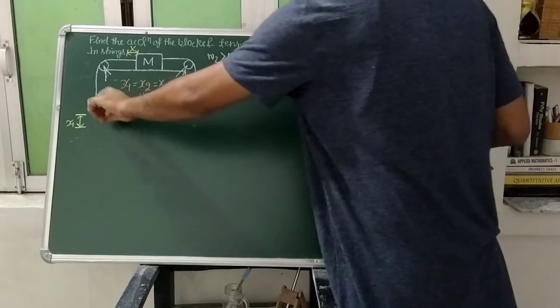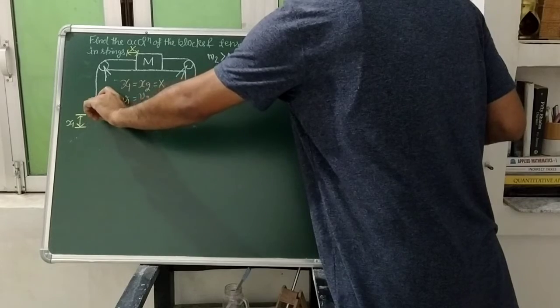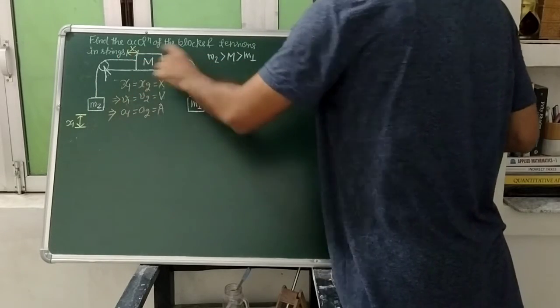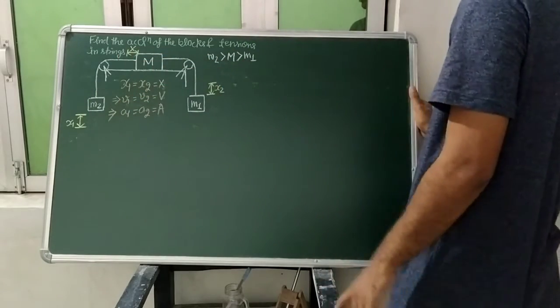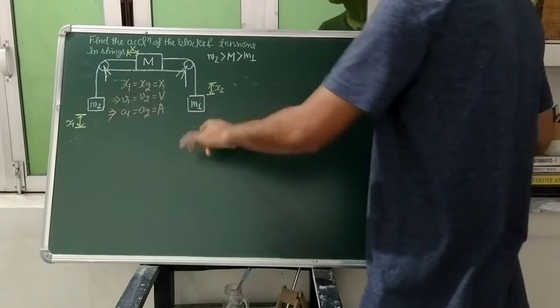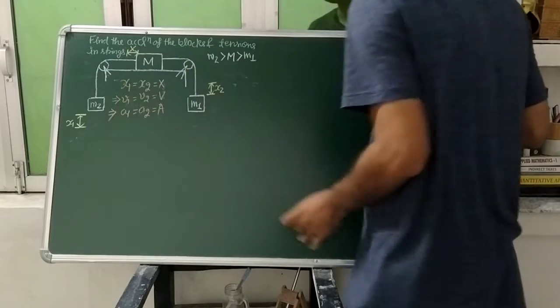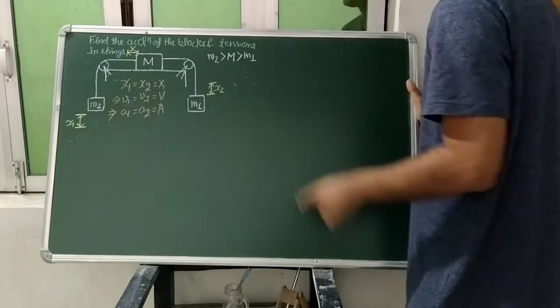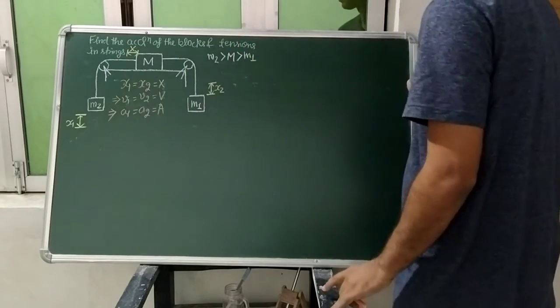Whatever is the acceleration of this block, the same acceleration applies to this block, and the same acceleration we will get here. Acceleration is not going to change. The acceleration of each and every block will be the same.